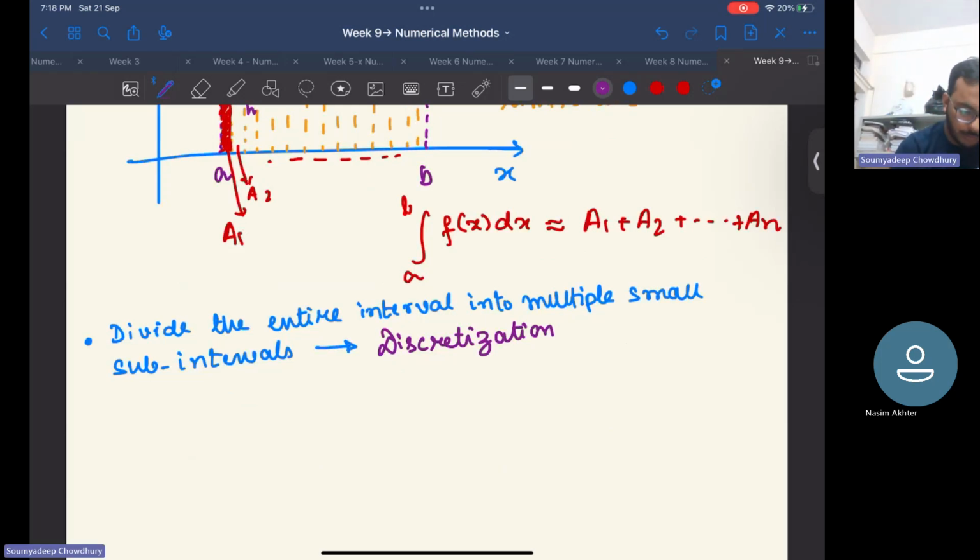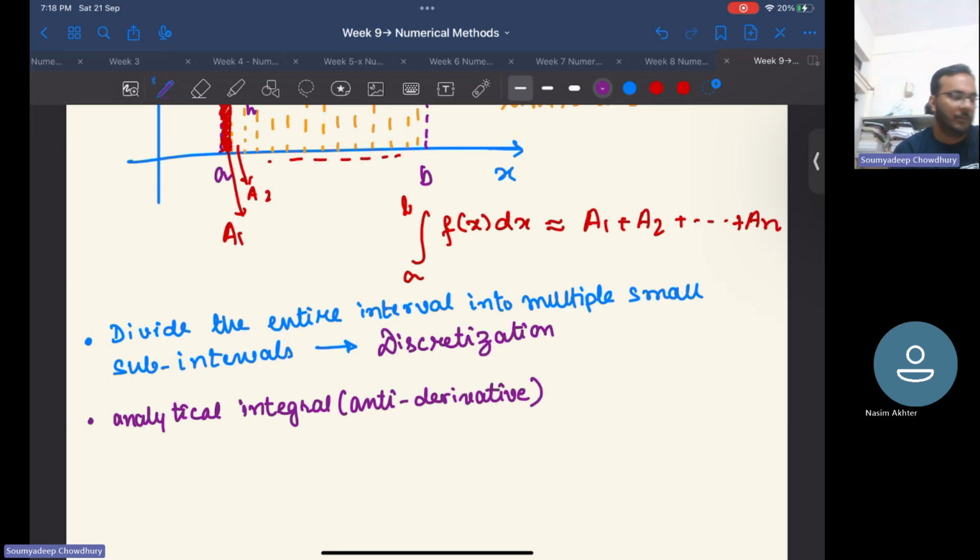So I'll write this down here. When we go for numerical integration: either analytical integral. Integral is also called antiderivative, right? It is the opposite of differentiation, so it is also called antiderivative.